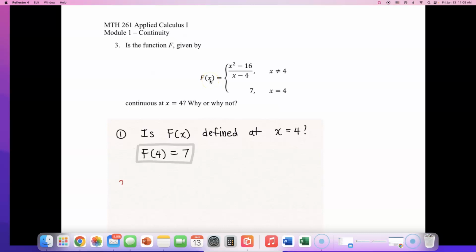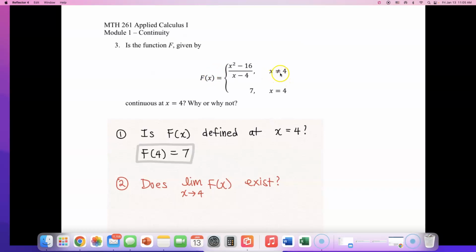So number 2: does the limit as x approaches 4 of f of x exist? In order to answer that question, we will compare the left-hand limit and the right-hand limit. But take a look.